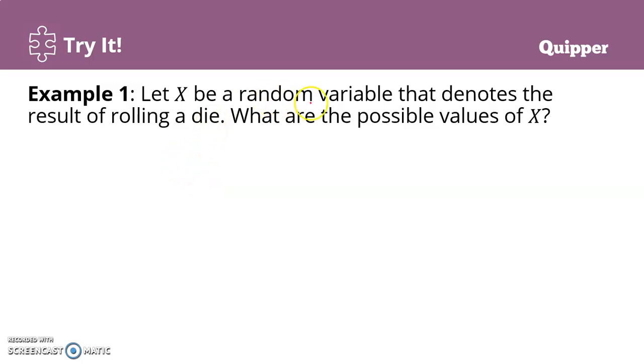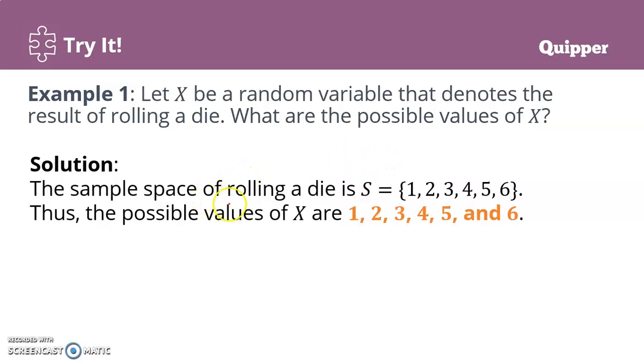Another example, let X be a random variable that denotes the result of rolling a die. What are the possible values of X? Okay, rolling a die. I believe you have already seen a die. So the sample space of rolling a die is given by capital letter S equals 1, 2, 3, 4, 5, and 6. Kung nagtataka kayo kung bakit 1 to 6, kasi diba yung die may 6 faces yan. Diba?